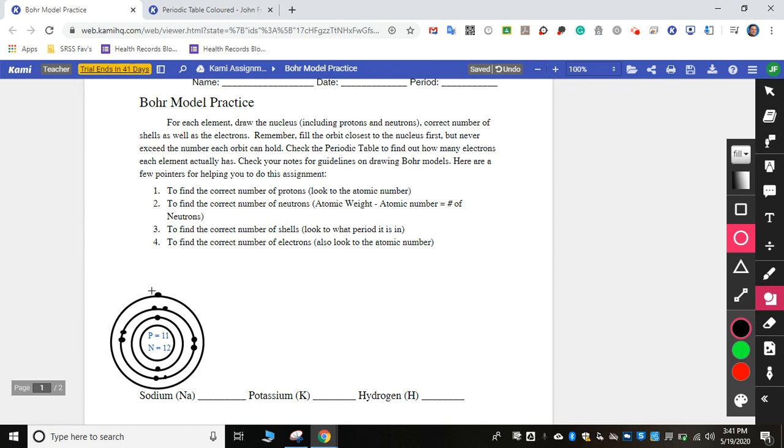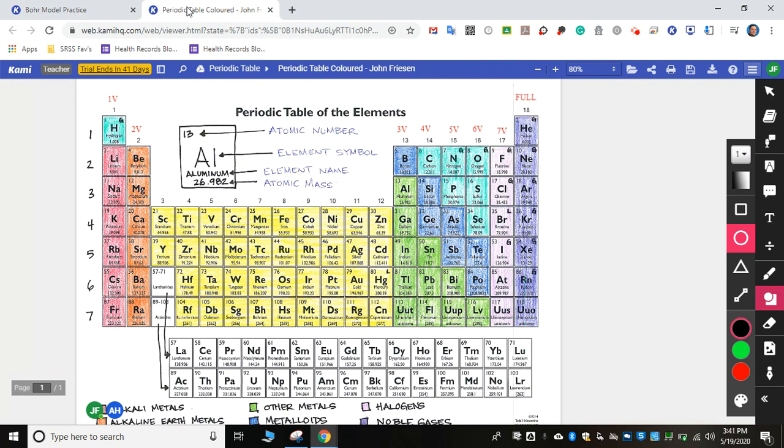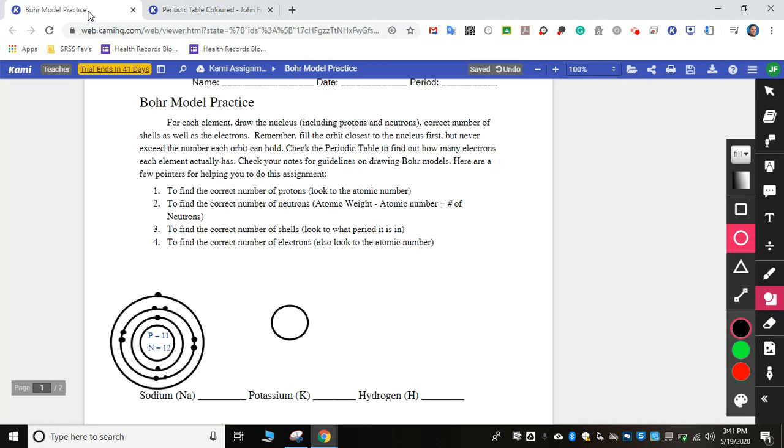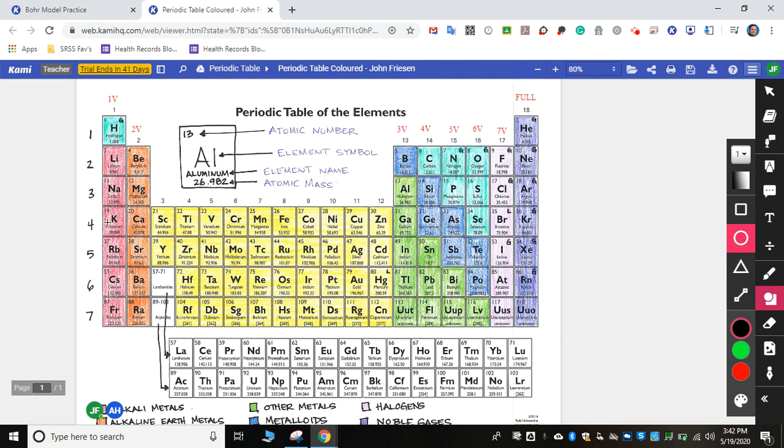Now let's go over to potassium. There's our nucleus. How many protons for potassium? Let's take a look. Potassium's right here. It has 19. So we have 19 protons. How many neutrons? Take the atomic mass, or atomic weight, and subtract the atomic number.